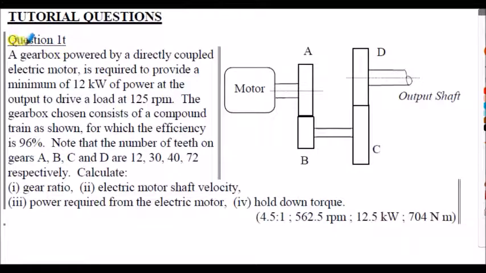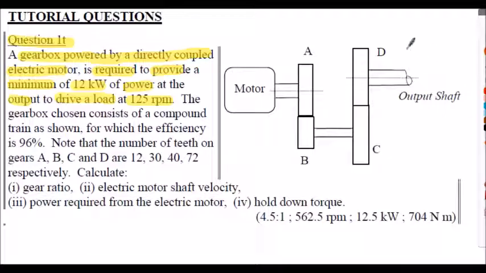Okay, question 1-2. A gearbox powered by a directly coupled electric motor is required to provide a minimum of 12 kilowatts of power at the output to drive a load at 125 RPM.